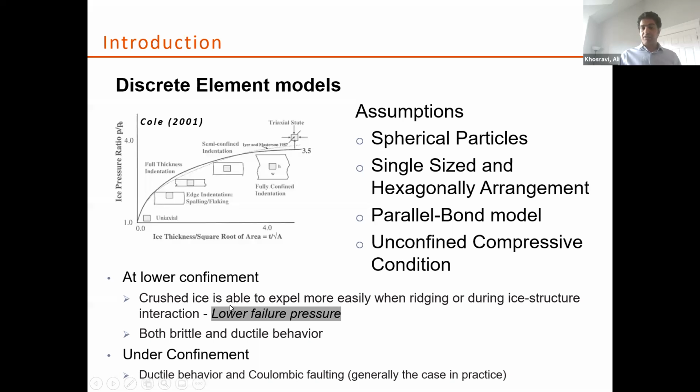At lower confinement, of course, the crushed ice is able to expel more easily during ice structure interaction. That means we're going to have lower failure pressure. In terms of behavior, we're going to have both brittle and ductile behavior at low confinement, but under confinement, the behavior is more toward ductile.